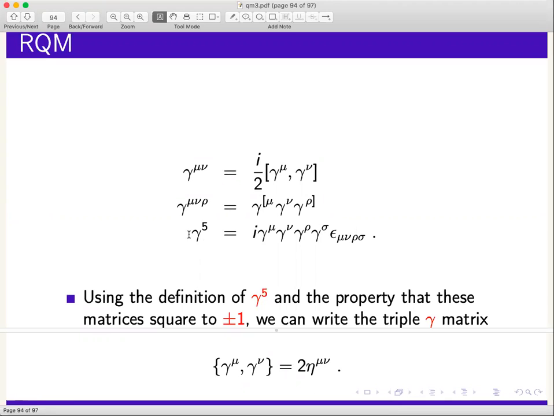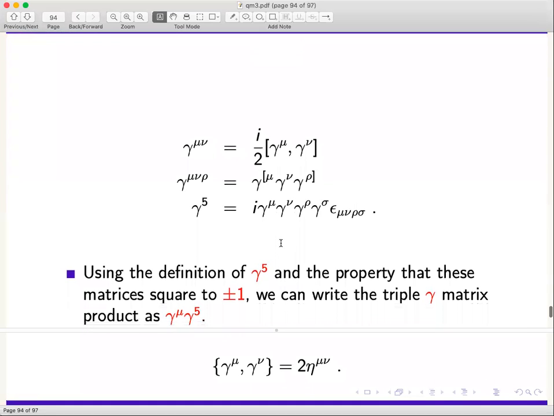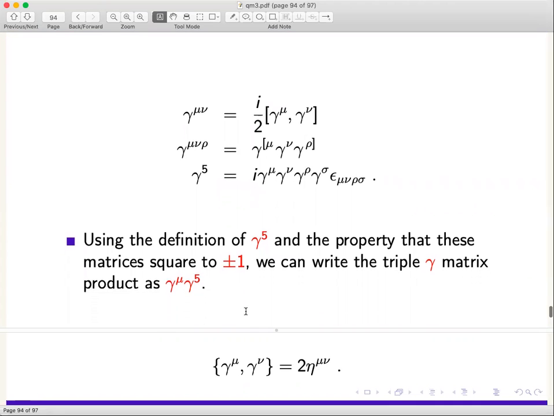Therefore, the gamma mu, gamma nu, gamma rho object can be written as gamma phi times gamma sigma times epsilon mu nu rho sigma. Fine. So in other words, this object can be written as gamma sigma times gamma phi, the way I described it.